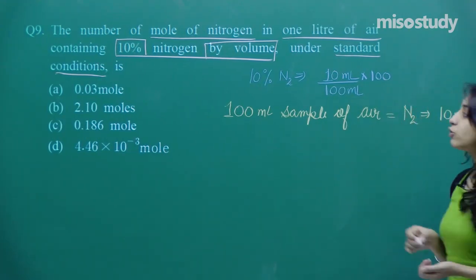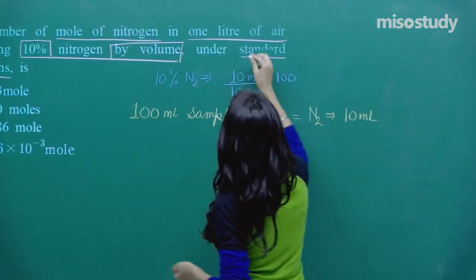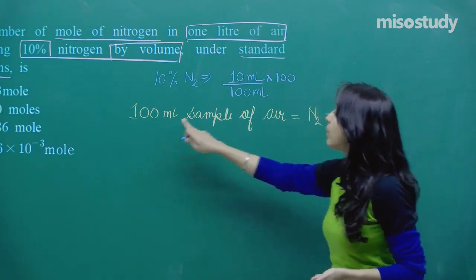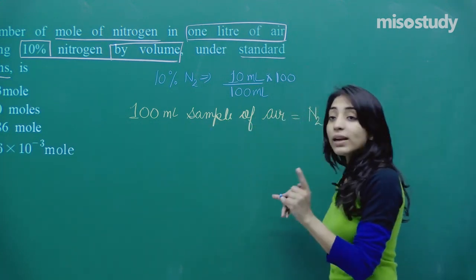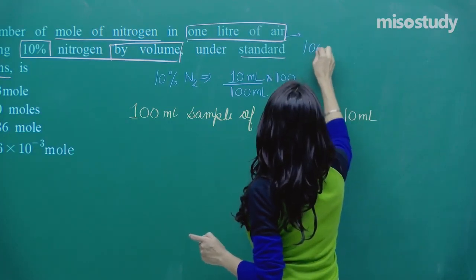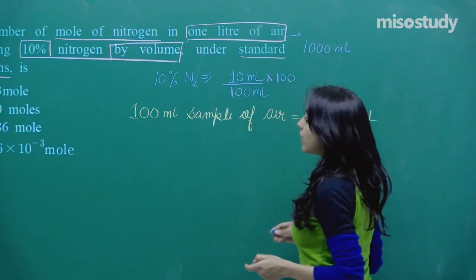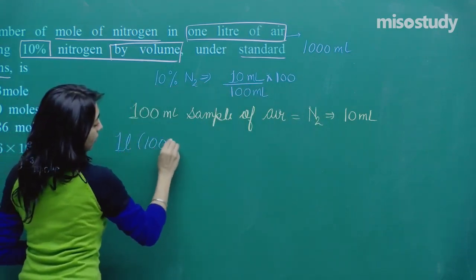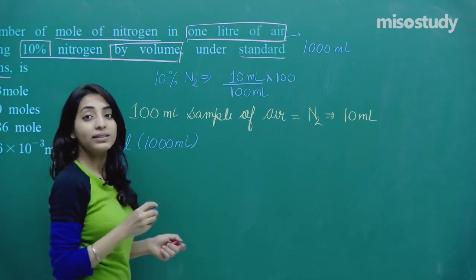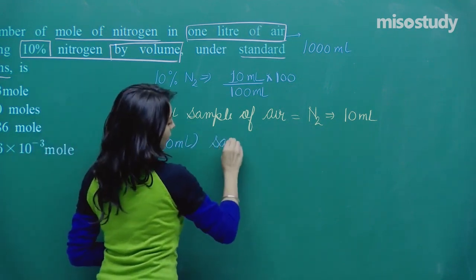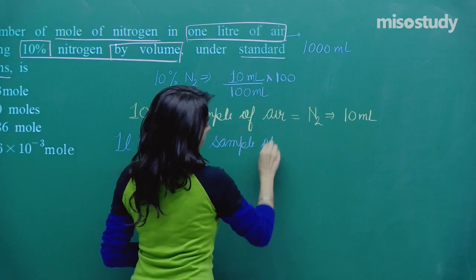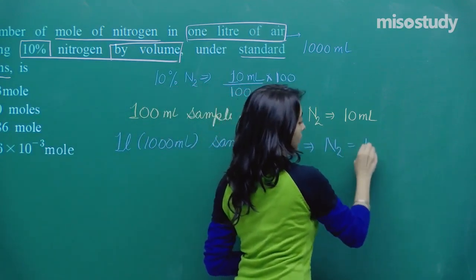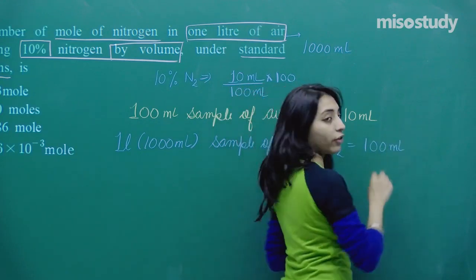Am I right? So how much sample is given to us? A 1 liter sample of air is given. So in 100 ml, we have 10. 1 liter is nothing but 1000 ml. So can I simply say that 1 liter or 1000 ml sample of air will have how much nitrogen? 100 ml, right?